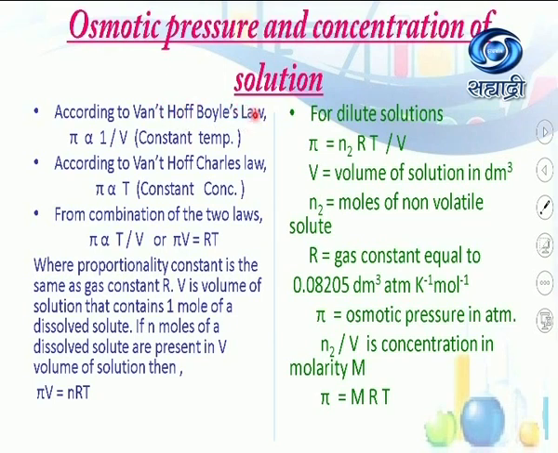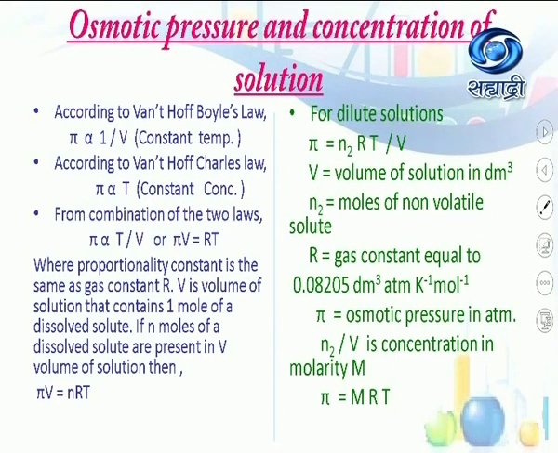According to Van't Hoff's Boyle's law, pi, the osmotic pressure of a dilute solution, is proportional to 1 upon V when the temperature is constant. According to Van't Hoff's Charles' law, pi is directly proportional to absolute temperature T at constant concentration.